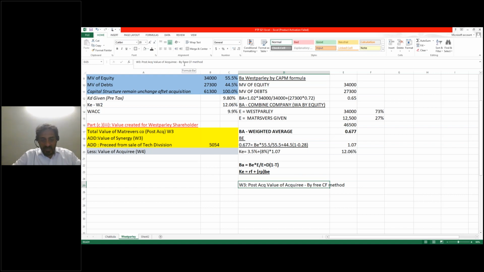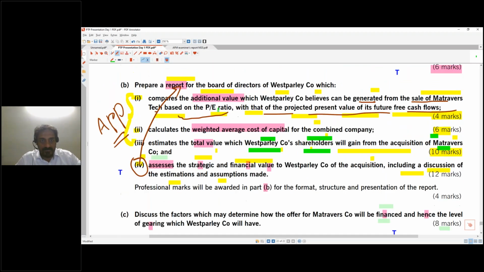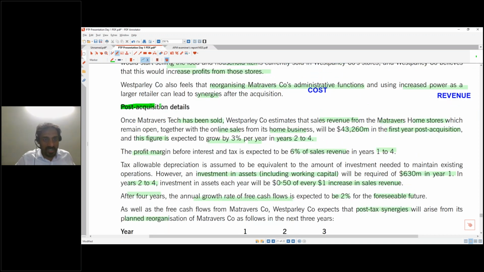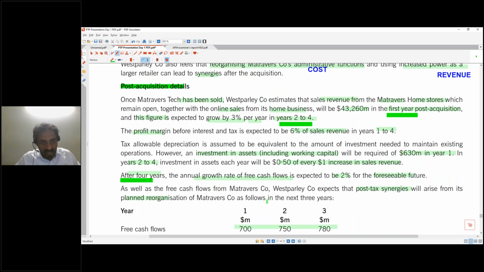And even if you are working on this, first of all, the examiner particularly mentioned in this paragraph the post acquisition details. Here the examiner mentions the first year and years 2 to 4, and after 4 years.